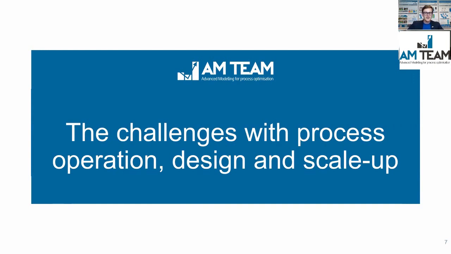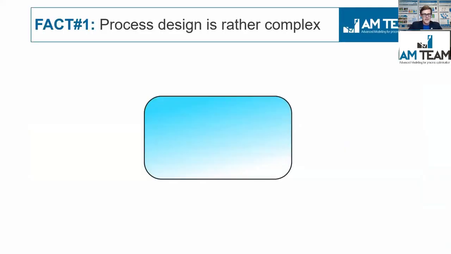So let's start with the challenges of process operation, design, and scale up. There are quite some, and I'm pretty sure many of you have experience with it. The first important fact is that process design is rather complex. You want to design something and it has to get a certain desired result.